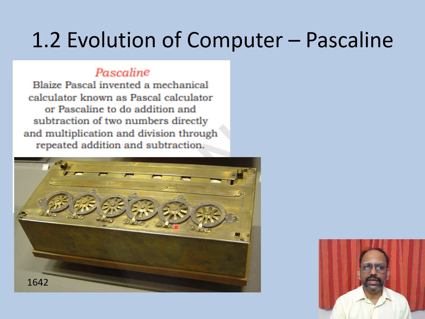It is one of the important computing tools in the evolution of the computer. Pascaline is the name of this device, invented by Blaise Pascal. Multiplication and division were also performed using repeated addition and repeated subtraction with this device.